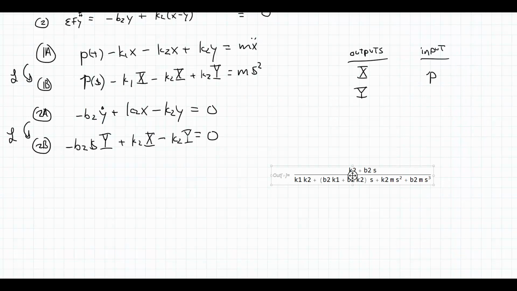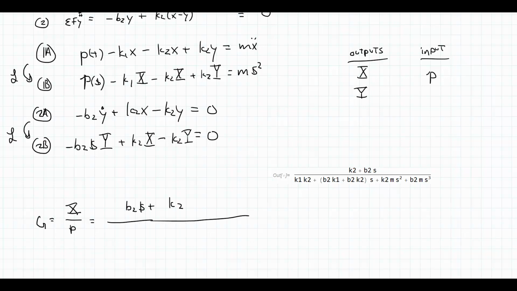and I'll paste it into my OneNote, and I want to rewrite it. So g is my x over p, and I want to write it in the correct format. So I really just have to reverse everything. So that's going to be b2 times s plus k2 as my numerator.